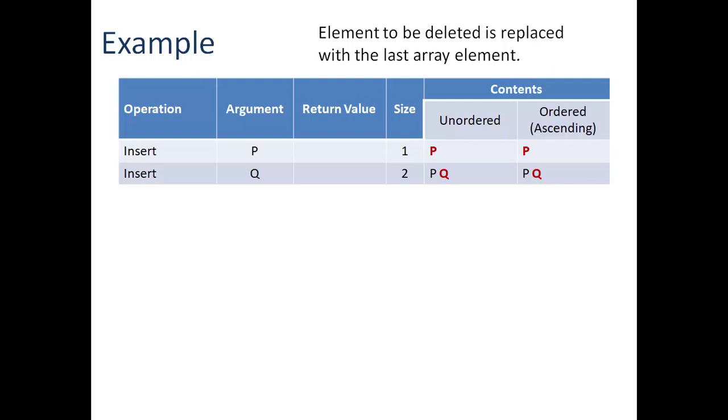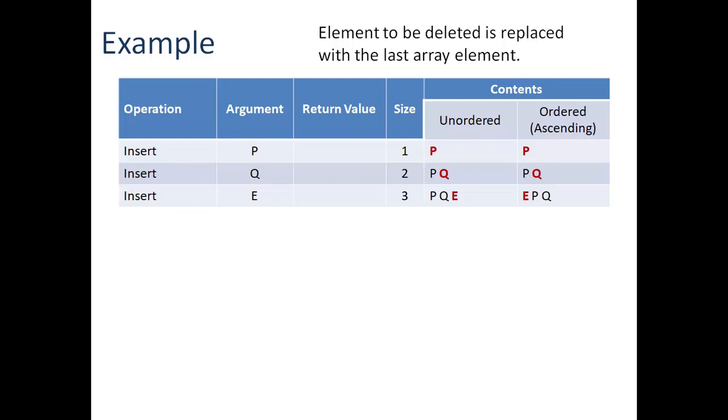Then we have inserted Q. In unordered version, Q is inserted at the end. Also, as per the ascending order, Q should be placed after P, and the same is done here. So, Q is inserted after P in ordered version also.